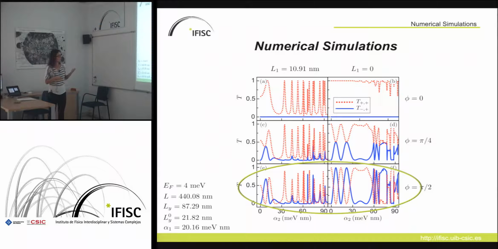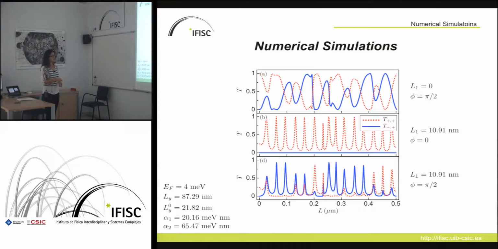But now we want a value of alpha 2 in the range in which the mixing term has more importance. Then here we have alpha 2 around 55 millielectron volts nanometer.